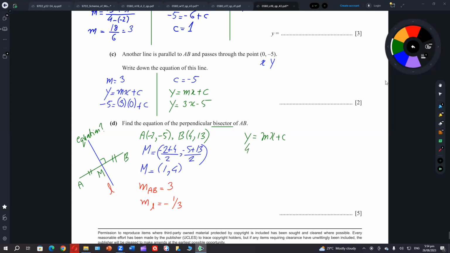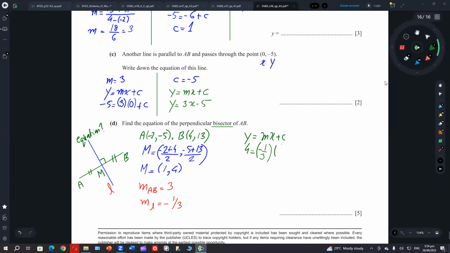Now you will use the midpoint because you need to find the C also. So I got the value of C also.